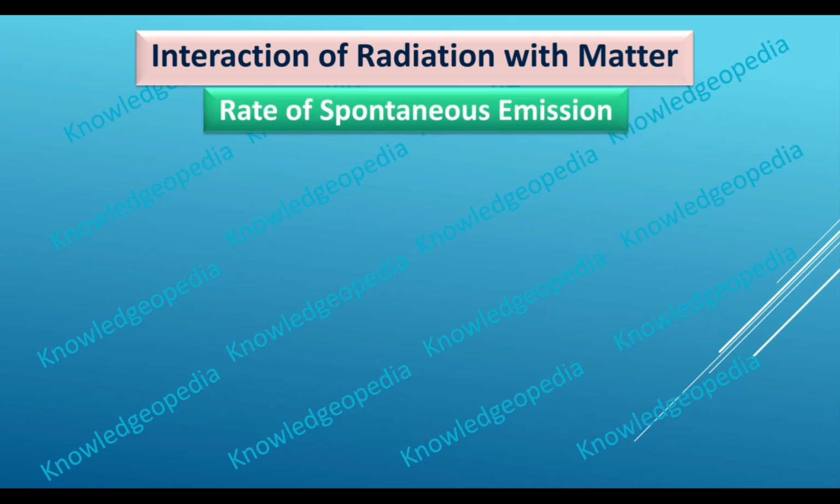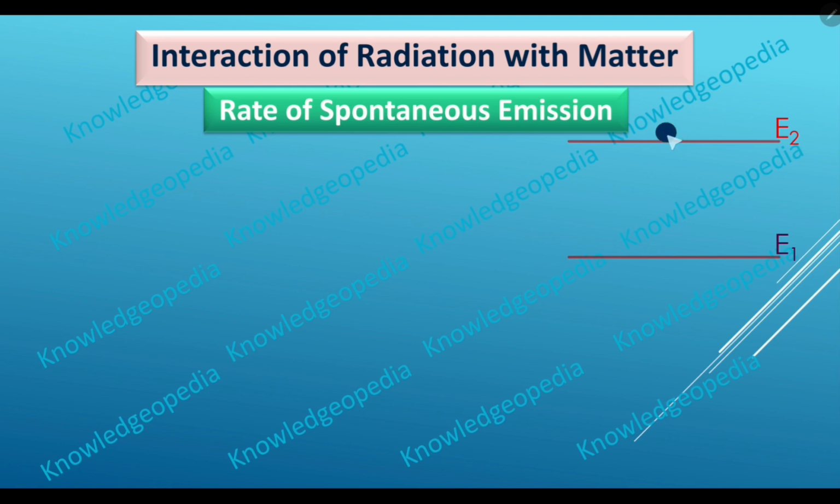Now coming to the second type of interaction, that is spontaneous emission. So what is the rate of spontaneous emission? In case of spontaneous emission, what happens? We have two energy states, and now we are considering the atom at the excited state. Once this atom has moved from the ground state to the excited state, it will stay here for a particular time interval which is known as the lifetime of this atom.